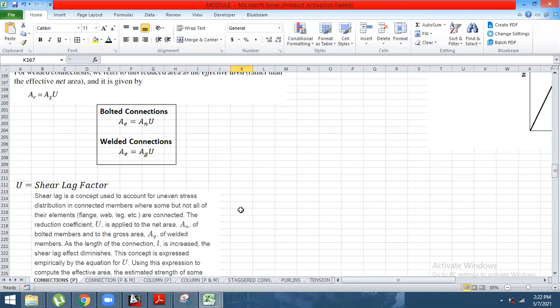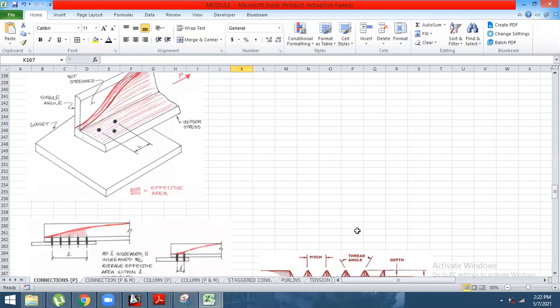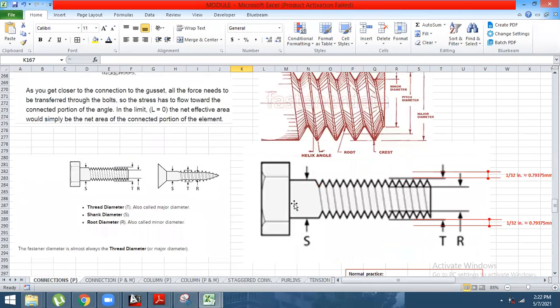What do I mean by shear lag factor, sir? Shear lag factor is the factor multiplied to the area wherein, when this connection is pulled, not all the bolts are equally stressed. That's why we are applying the shear lag factor. That also applies to our bolts.